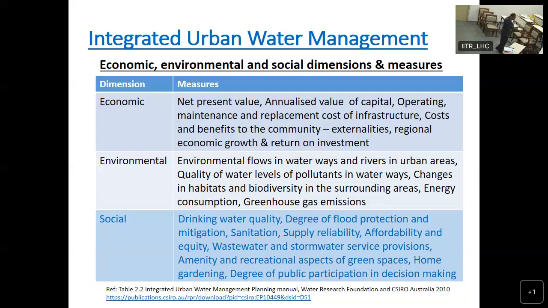Say for example, by providing a sustainable water design, we have developed a very good park or garden, and we are providing water supply for irrigation through a dual water supply system using alternative water sources, and that is very much improving the well-being of the community living in that area.